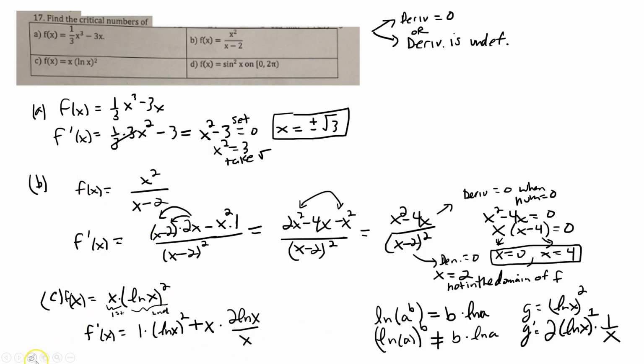Well, wait one minute. We had an x from the first function, and an x in the denominator here. These guys are going to cancel. And so what we have then is simplified to be the ln of x quantity squared plus 2 ln of x.